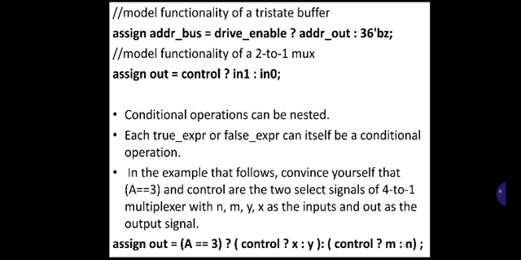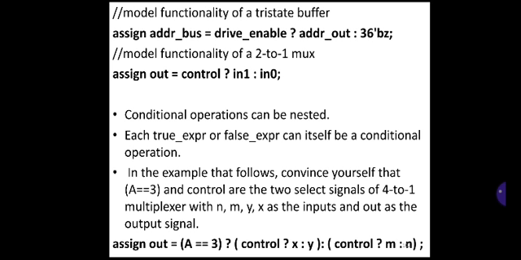So the example is given here. In that, convince yourself that A is equal to 3 and control are the two select signals of a 4:1 multiplexer with N, M, Y, X as inputs and out as the output signal. So as you know, in a 4:1 multiplexer, there are 4 inputs, 2 select signals and 1 output. So based on that, this statement is written here. Assign is the keyword in data flow modeling.